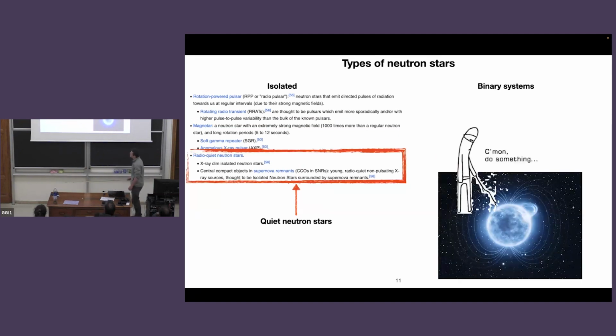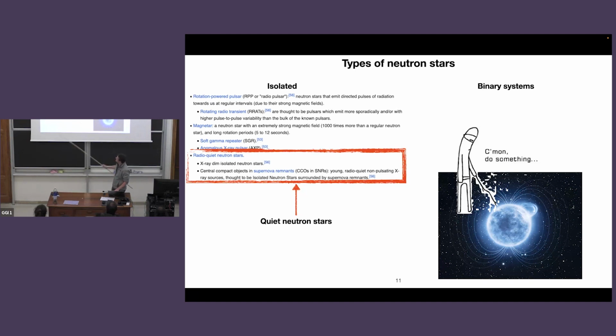Then the other main type of isolated neutron stars are those that are relatively quiet. They're especially the type that is radio quiet and also X-ray dim, so they don't have any emission in either radio or X-ray.